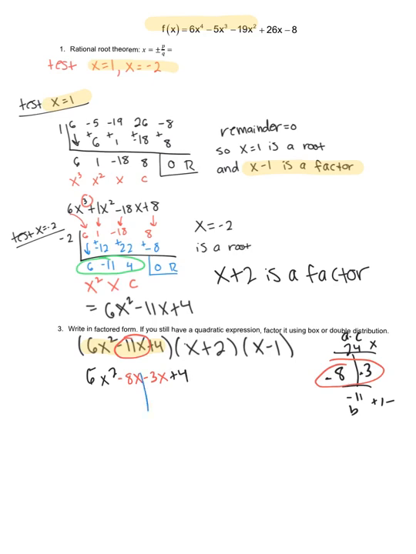And then break it off into two groups, and take out your GCFs on both sides. So between the 6x squared and the -8x, the biggest thing that they share is 2x. 6x squared divided by 2x is going to get me 3x. And then -8x divided by 2x is going to get me -4.